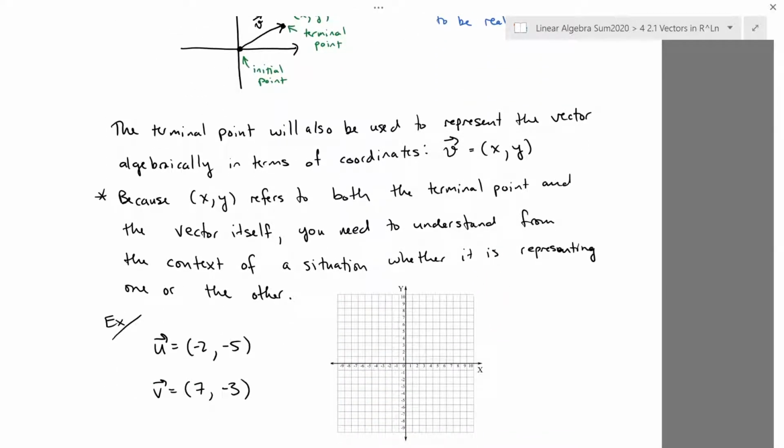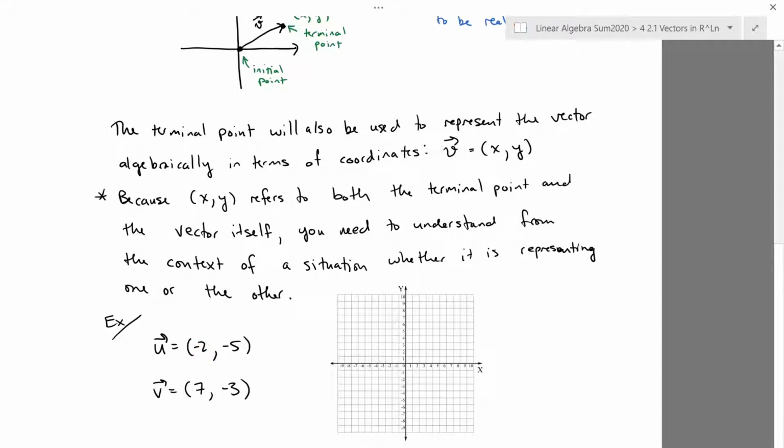In the example at the bottom of this page, you're given two vectors in the plane. The vector u is -2, -5, and the vector v is 7, -3. One other thing with the notation is that when I denote vectors, I put a little arrow above the letter to denote that the object is representing a vector, so it's clear that these coordinates refer to the vector and not just a single point.